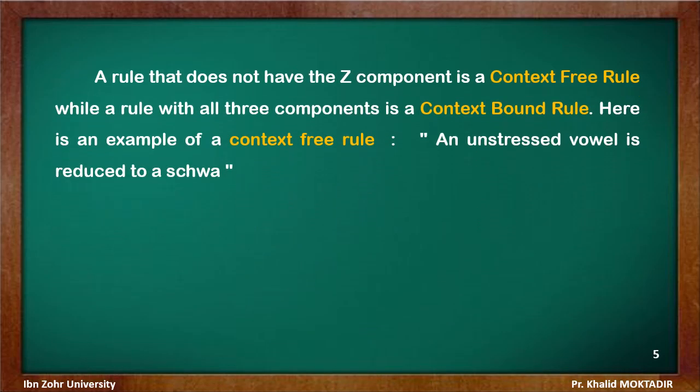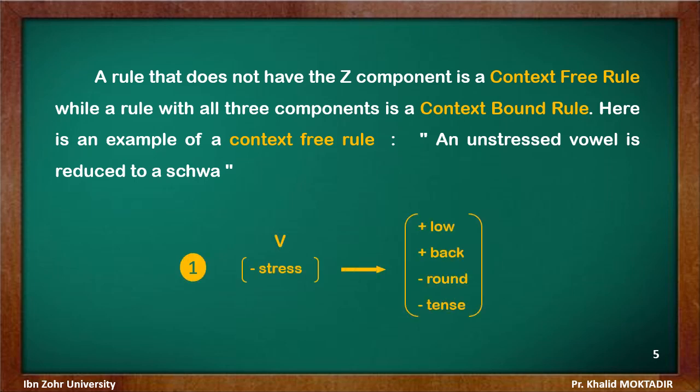A rule that does not have the Z component, there is no context, we call that a context-free rule, while a rule with all three components, that is X, Y, and Z, is a context-bound rule. Here is an example of a context-free rule. In English, it's usually the case that any unstressed vowel is going to be reduced to a schwa.